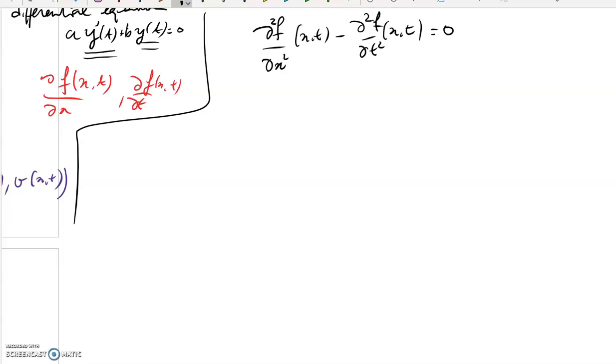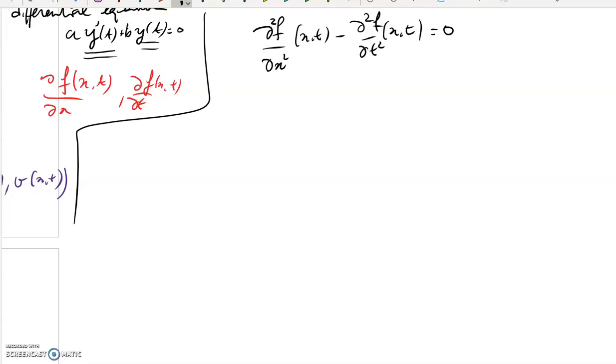Or you can put one equal to the other if you put it on the other side. Often you will also see this equation written with a constant c in front of one of the second order partial derivatives, but this is something very simple to add later.